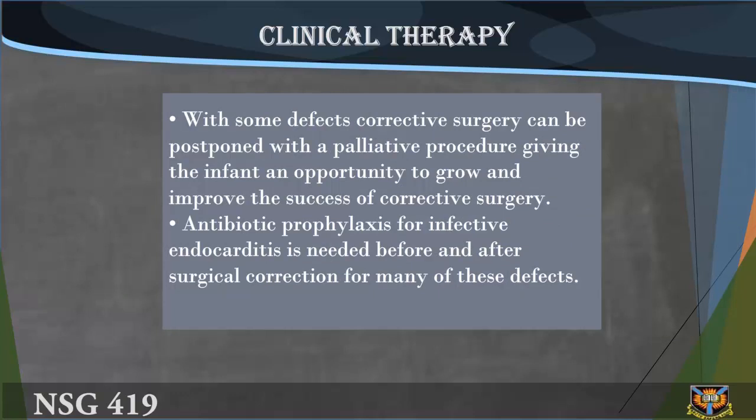With some defects, corrective surgery can be postponed with a palliative procedure, giving the infant an opportunity to grow and improve the success of the corrective surgery. Antibiotic prophylaxis for infective endocarditis is needed before and after surgical correction for many of these defects.